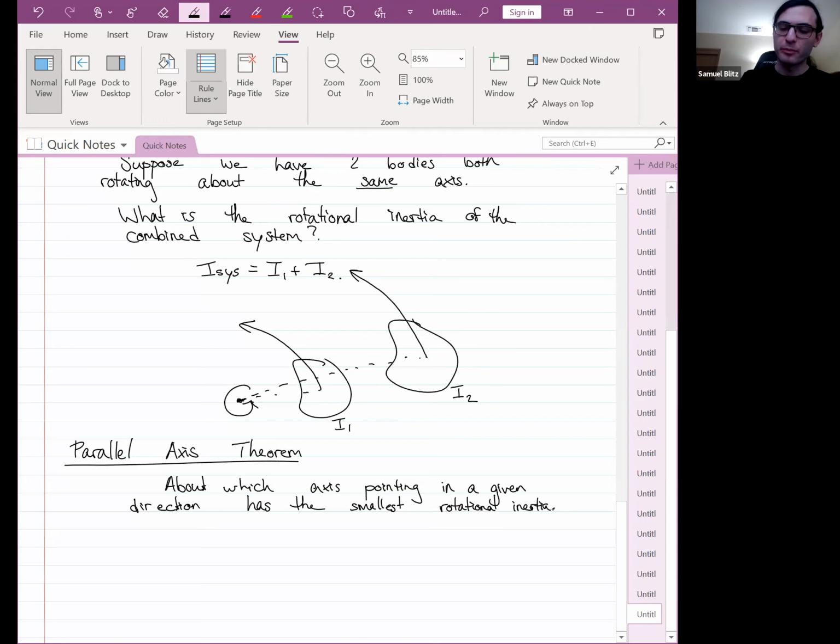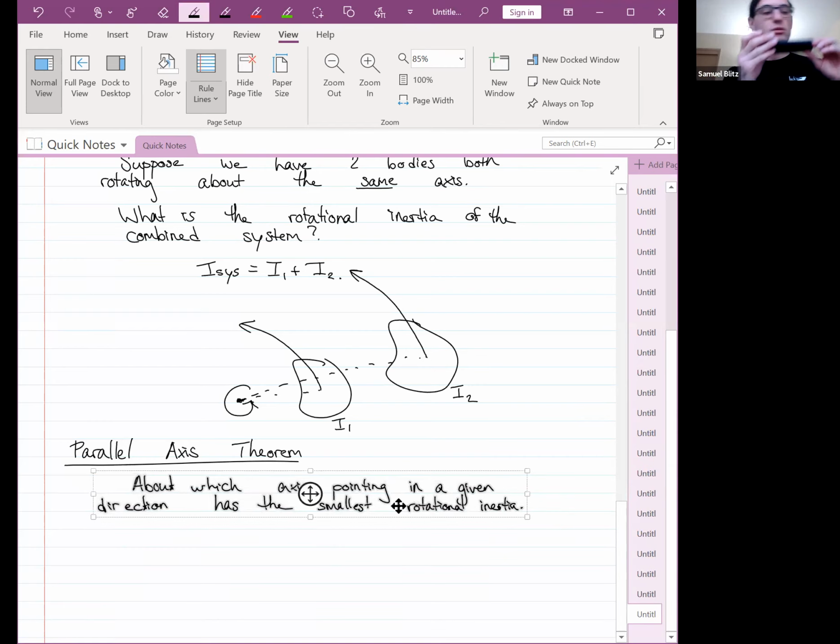So the point is, in principle, you could ask, for example, for this phone: which axis is the axis with the smallest rotational inertia for this phone? If the axis points this way, is it this axis? Is it this axis?